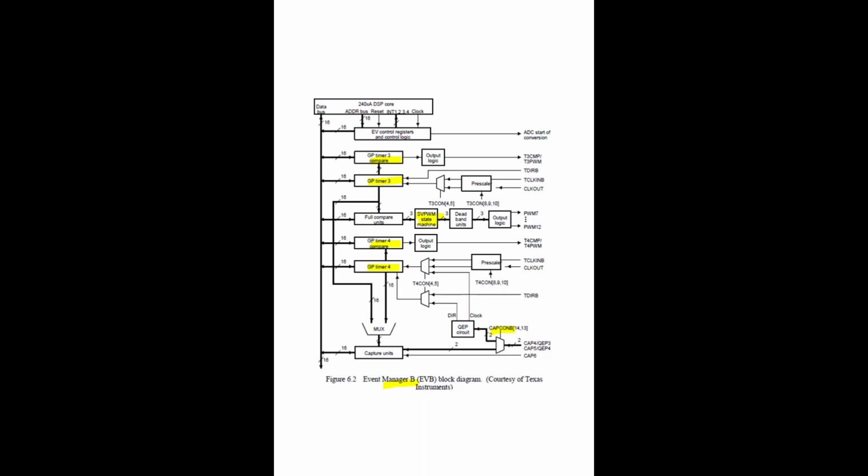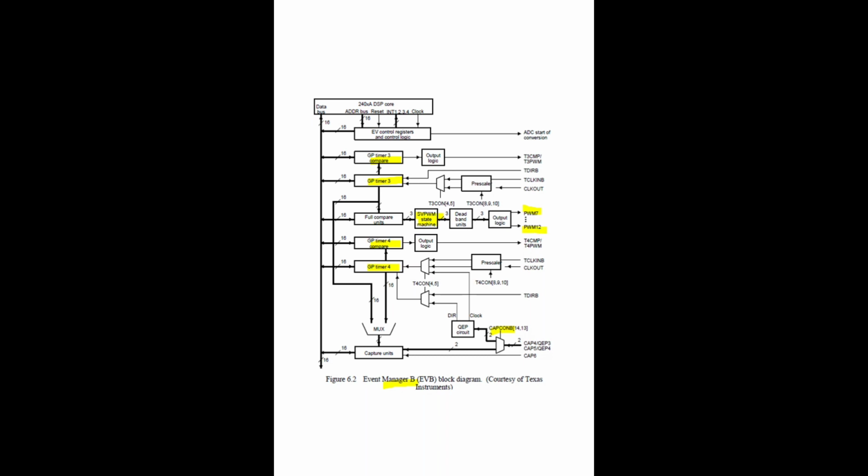The same space vector PWM state machine is there in event manager A also. In event manager A it is mentioned PWM 1 to PWM 6. Here PWM 7 to PWM 12 you can use.